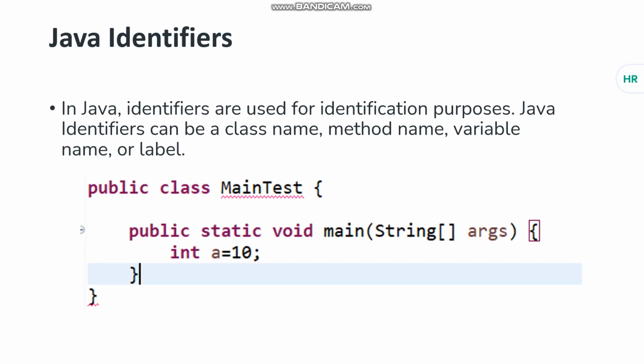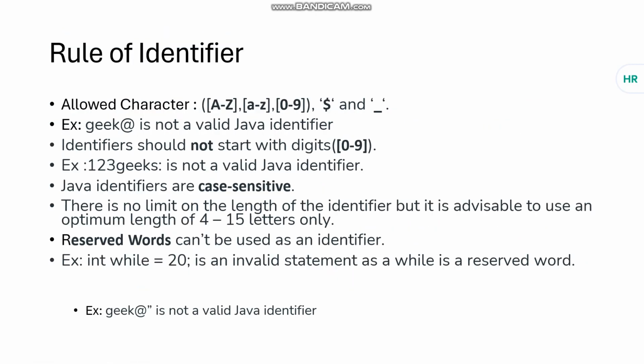We have rules to define these identifiers, like class name, method name, or variable name: how we can define them and what names we can give. Mainly the allowed characters are alphabets, small or capital, and digits.